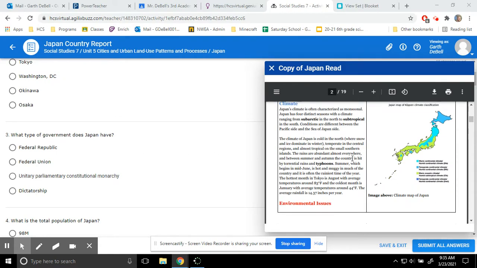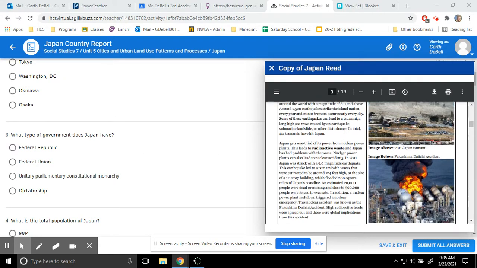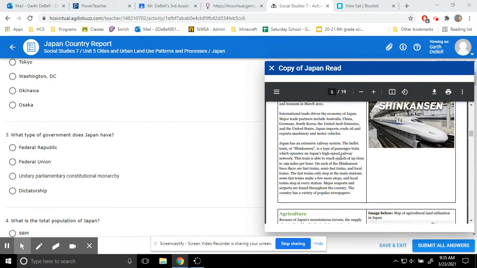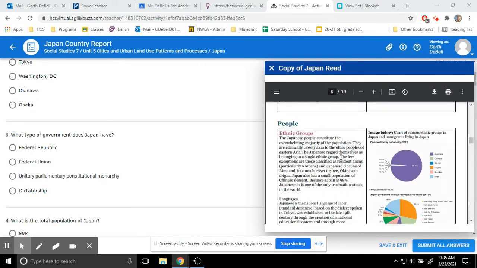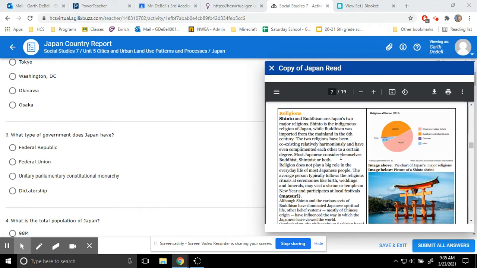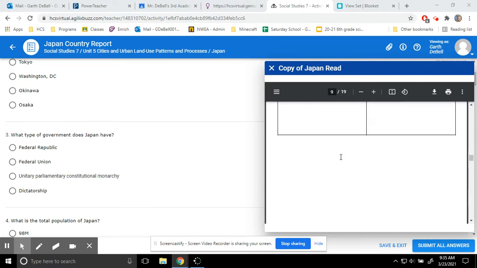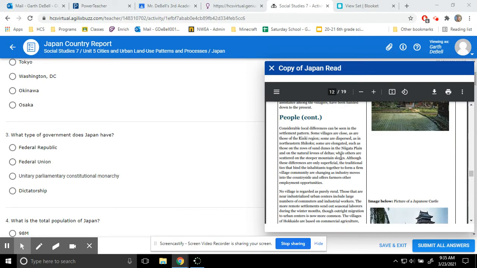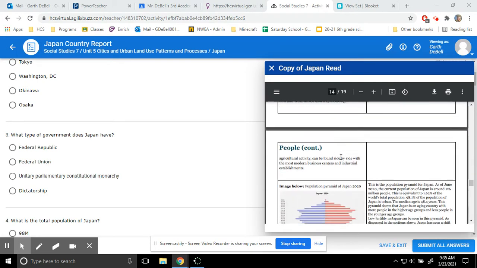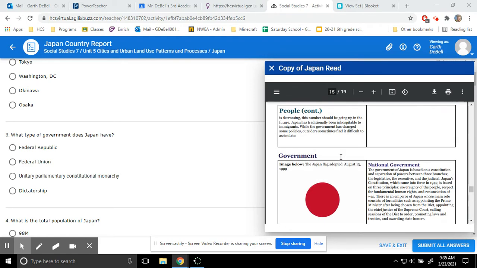What type of government? Now, this one is a little tougher. It doesn't actually say in the read document the exact type of government. It gives you the pieces, and you kind of have to pull it together on your own. Another option would be to look it up online to see the actual government type, because usually, right here, it'll say it's a such and such type of government.